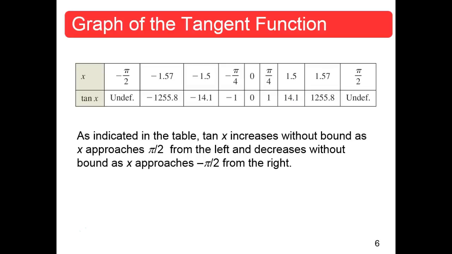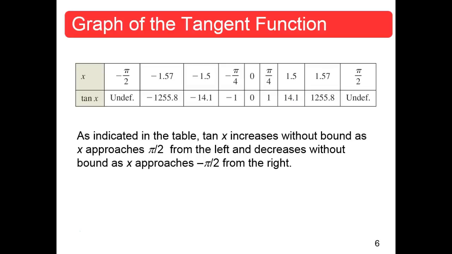We're getting closer. Here are the key points. Remember, for sine and cosine, what were our key points? We did one period, say 0 to 2 pi, and split that into 4 pieces. What we're going to do with tangent is take one vertical asymptote at negative pi halves, another vertical asymptote at positive pi halves, and split that into 4 pieces.